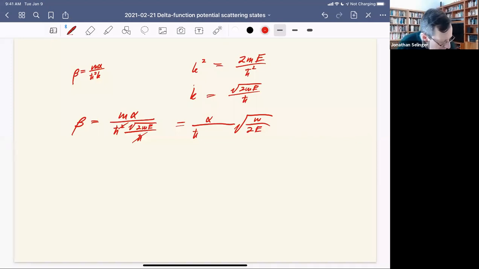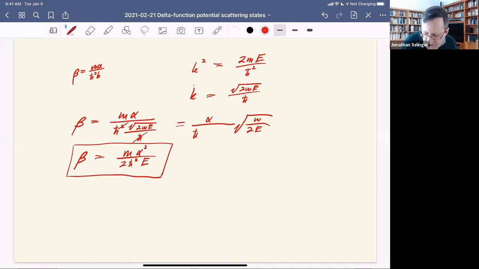So beta squared is m alpha squared over 2 h bar squared e. That's what I was looking for. So beta depends on the energy of the particle.